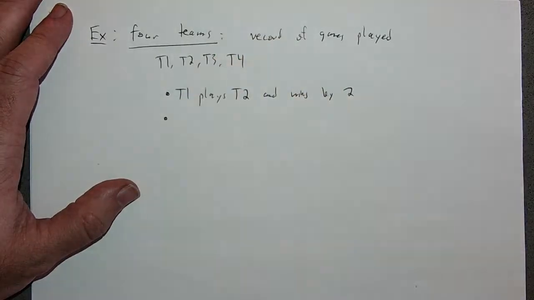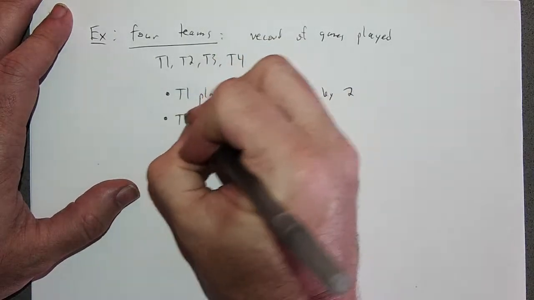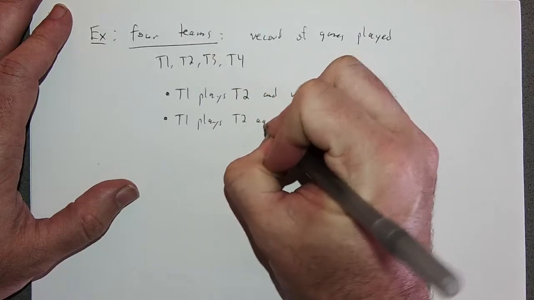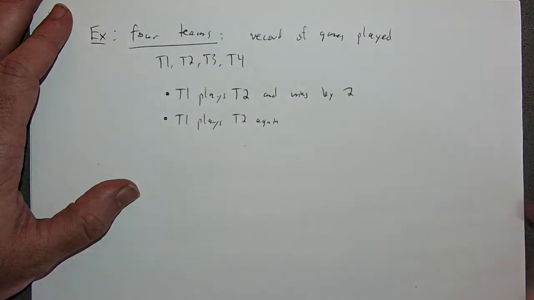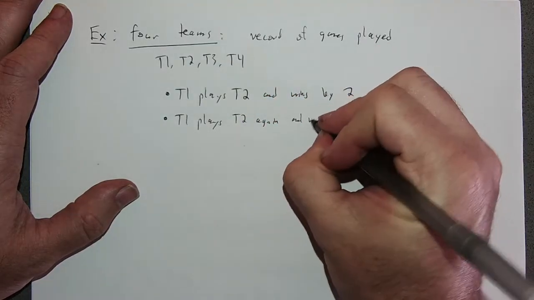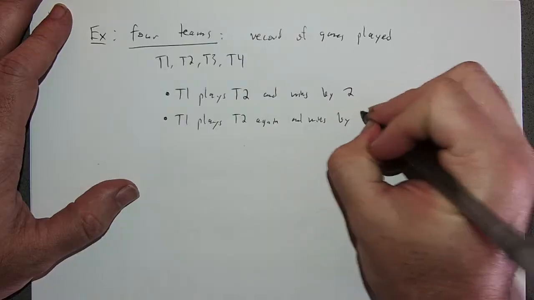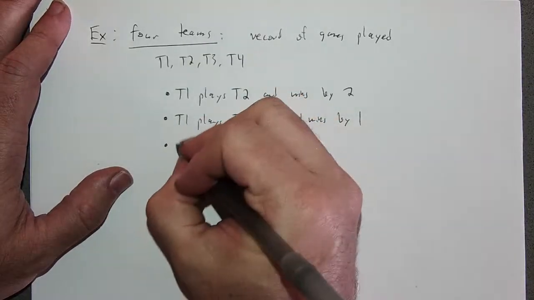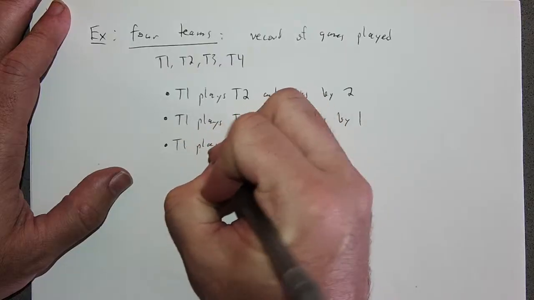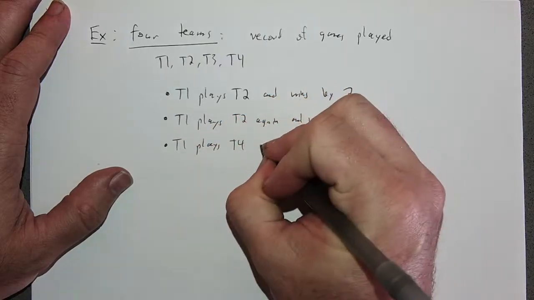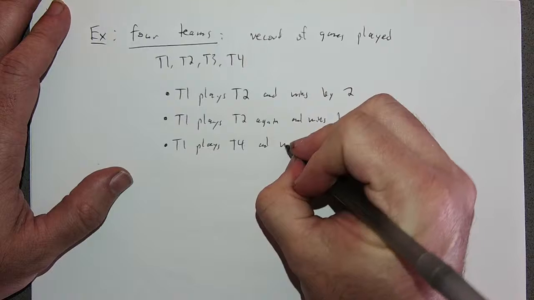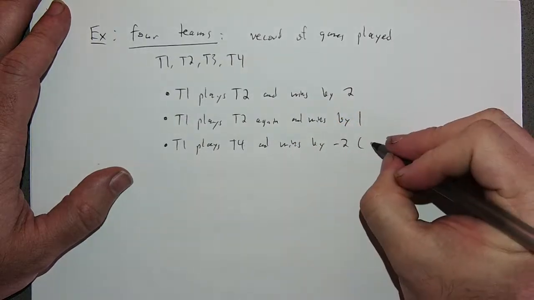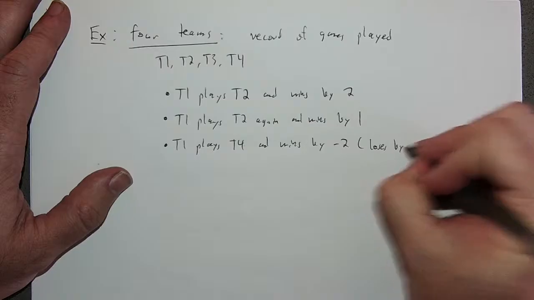And next, team 1 plays team 2 again and wins by 1. And then we'll say team 1 plays team 4 and wins by -2, which of course means loses by 2.